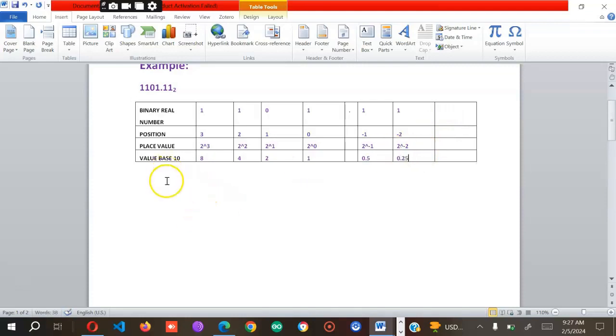Okay, after that, the next step is to add the integral part, that is 8. The integral part, we have 8 plus 4 plus 2 plus 1, which is giving us a total of 13.